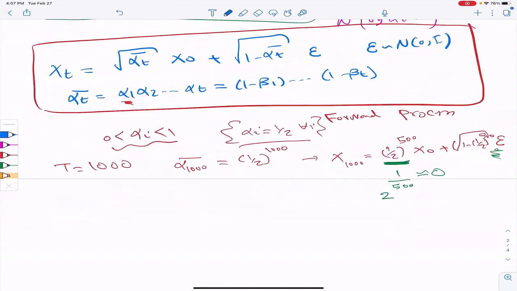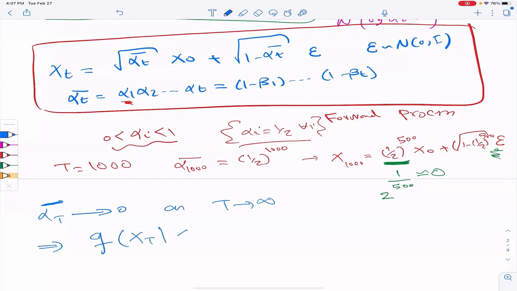So alpha t bar goes to 0 as t goes to infinity. Therefore, the distribution of xt given x0, that's the distribution at the larger time, approaches a normal distribution.